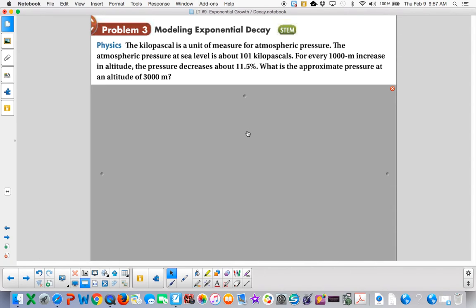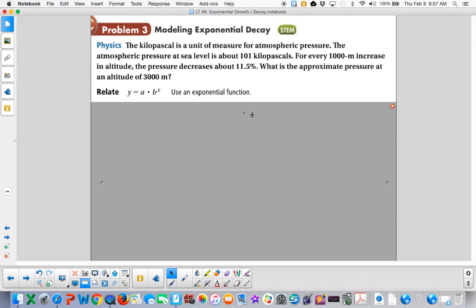Another example is in physics. A kilopascal is a unit of measure for atmospheric pressure. The atmospheric pressure at sea level is about 101. For every 1,000 meter increase in altitude, the pressure decreases 11.5%. So we're looking at decay. What is the approximate pressure at an altitude of 3,000?